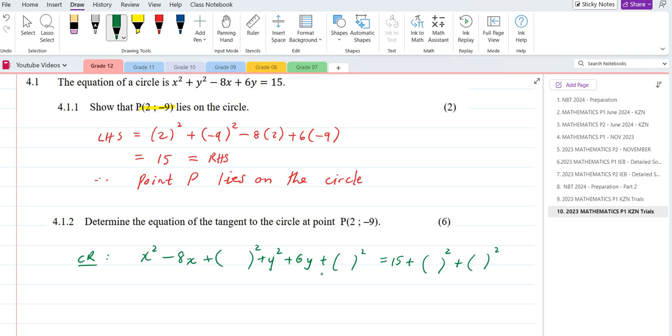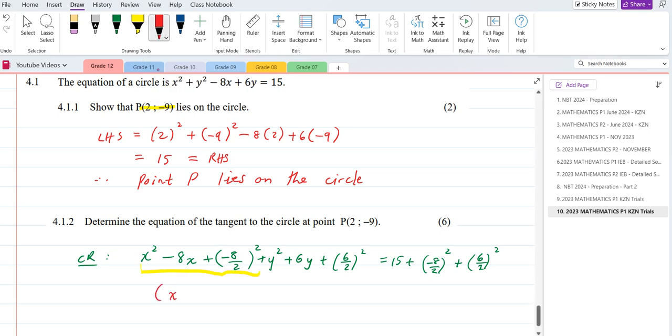Now what is this something? Minus 8 over 2, right? What is this? 6 over 2. So we put the same values on the other side, minus 8 over 2 and 6 over 2. Now automatically these first three terms become a perfect square. We kind of just completed the square there.